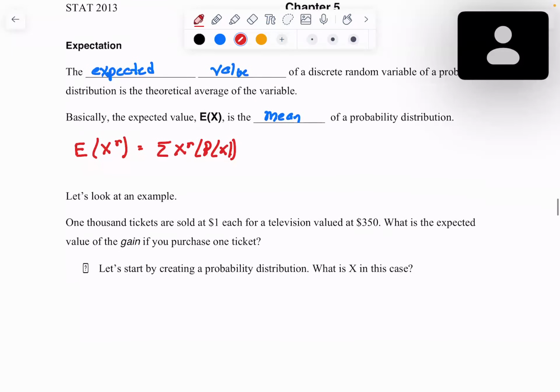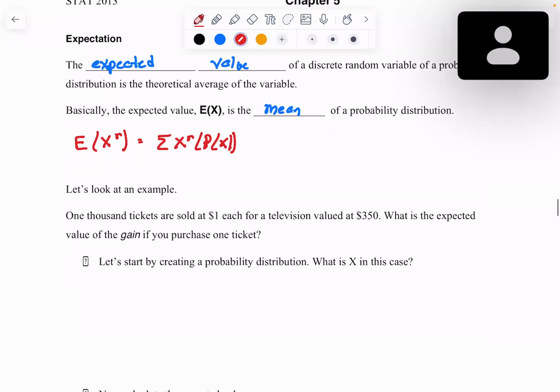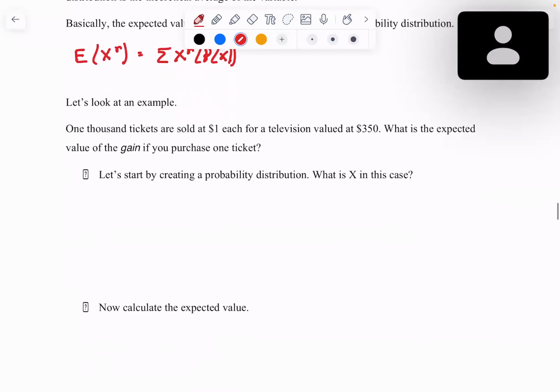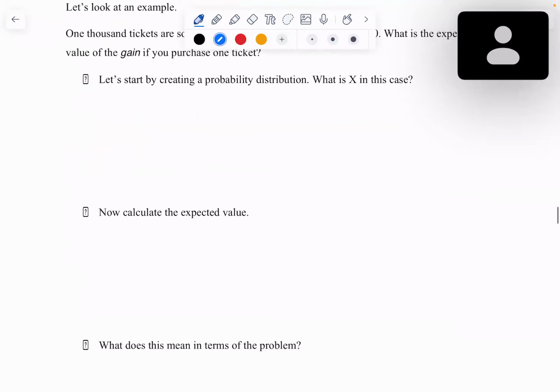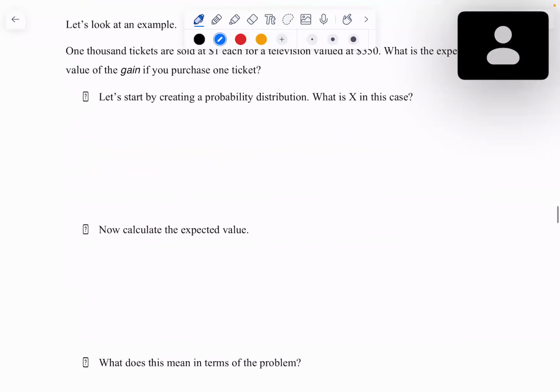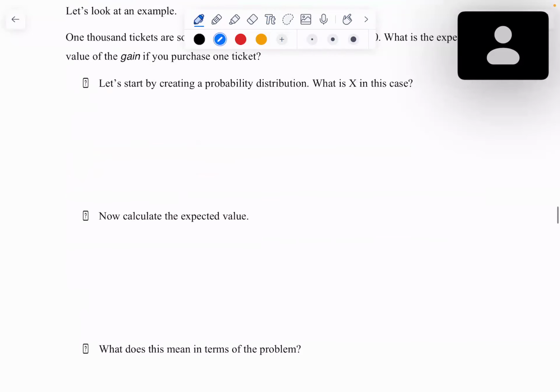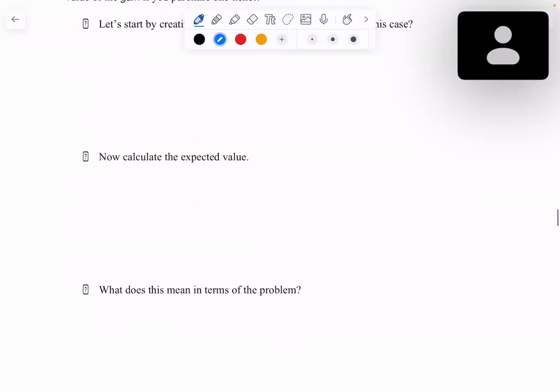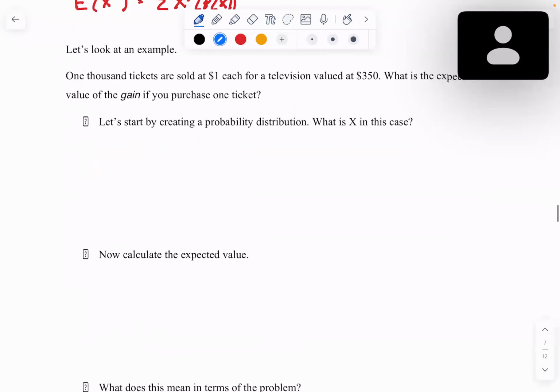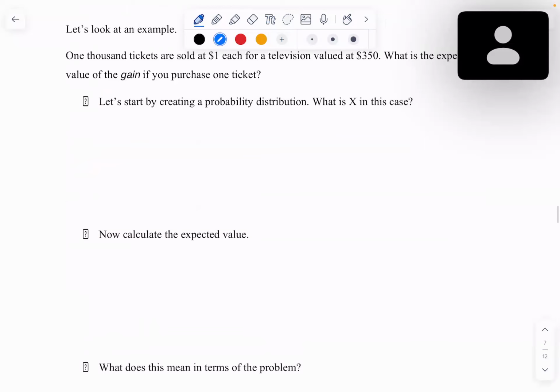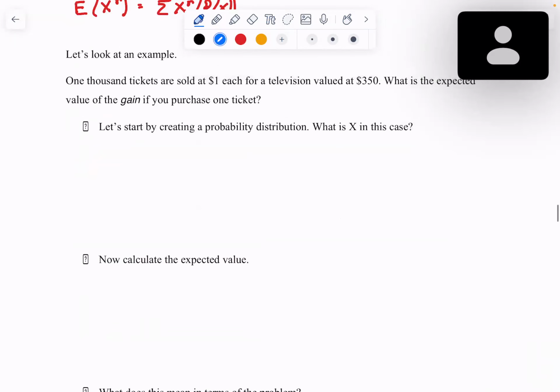So what we're going to do is set up the probability distribution for this example here, and I want you to calculate the expected value and write it in terms of the problem here. So let's look at what this one says. It says 1,000 tickets are sold at $1 each for a television valued at $350. What is the expected value of the gain if you purchase one ticket?